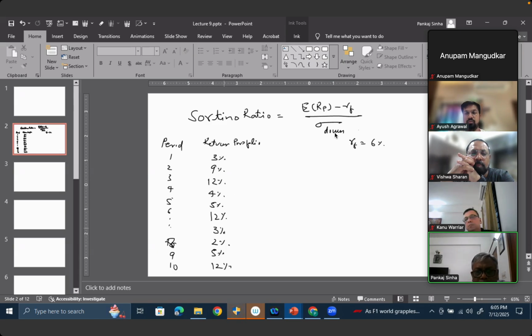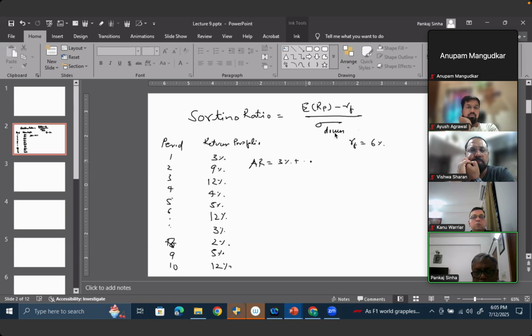So here I will calculate the expected return, the average. The average return is nothing but 3% plus up to 12% divided by 10. That will be the average, and this will be my expected RP, the return of portfolio.